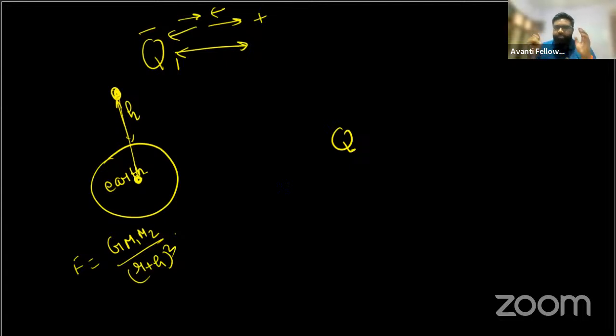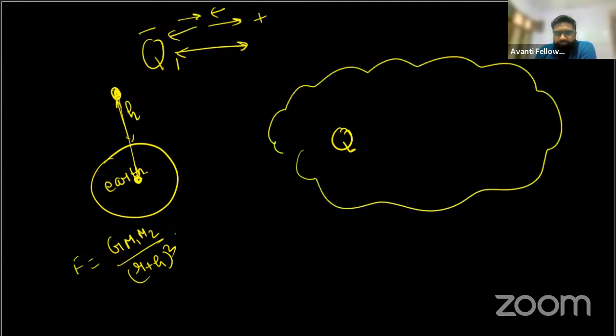If I replace Earth with Jupiter, Jupiter will have more gravity because it is bigger than Earth. In the same way, if I take a charge of 1 coulomb and a charge of 1000 coulomb, 1000 coulomb will apply more force because it is more in magnitude. So in the same way, this capital Q charge will create a field around it. This is termed the electric field cloud, or simply the electric field.